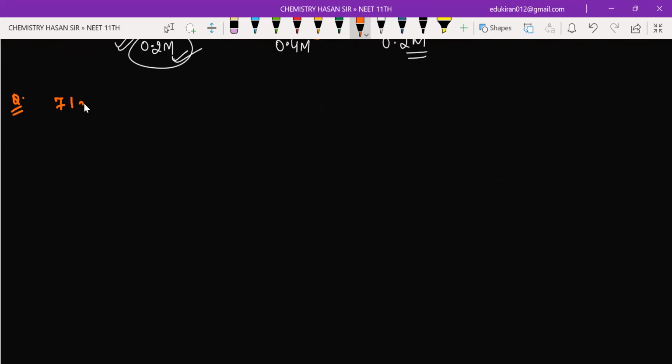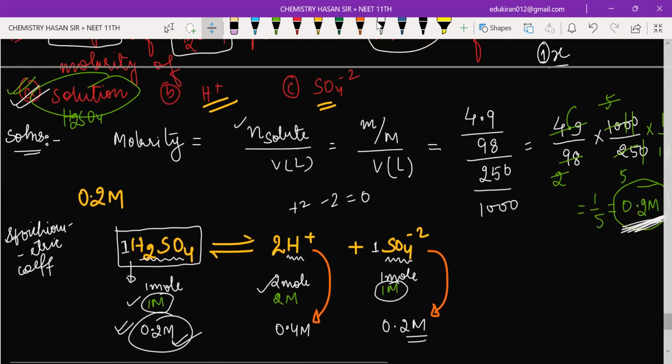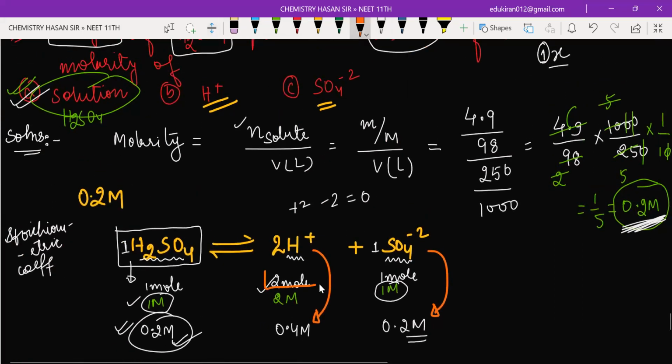Yes, sir. Okay. So divide 2 mole by the solution. What are you talking about? Where is 2 mole? In order to find the x, are you talking about this?